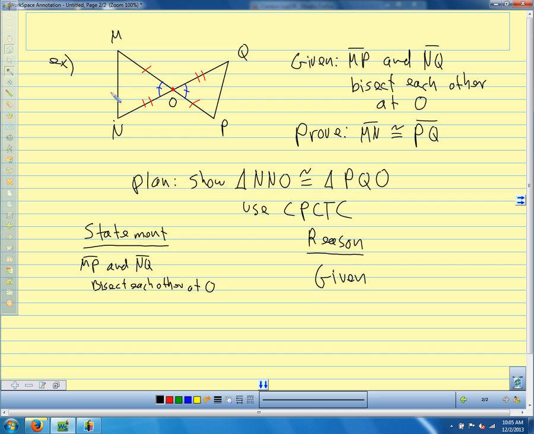Well, the first thing that we figured out is that segment MO is congruent to segment OP, and we figured out that segment NO is congruent to segment OQ. What would we say our reason is for that?